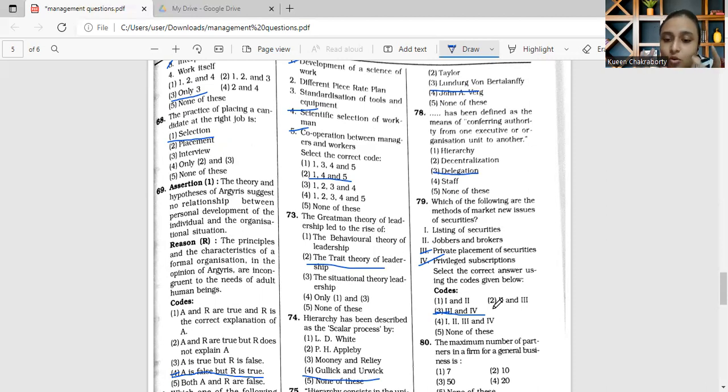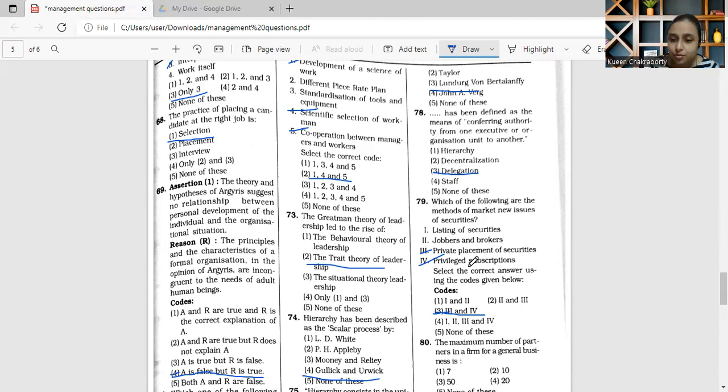Thus, an owner who is holding 10% of the issuing firm's outstanding stock will be permitted to buy up to 10% of the new issue at a special price below the current market price, which is a special advantage to him. That is why he is called the privileged subscriber. So accordingly, question number 79, the answer will be 3, that is private placement and privileged subscriptions.